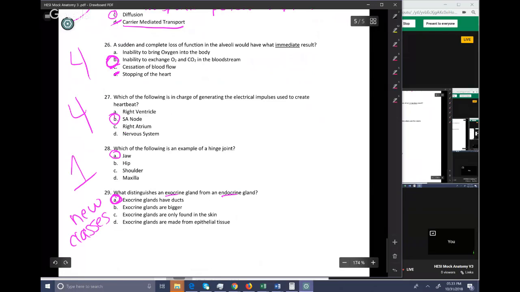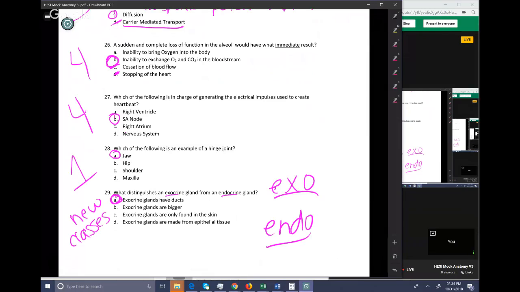Exocrine glands have ducts. Hopefully exo and endo stood out to you because we know that exo and endo are important terminologies. An exocrine gland is sending something out. Exo means out. So when you're sending something out, you have to have a duct for it to use in order to leave.